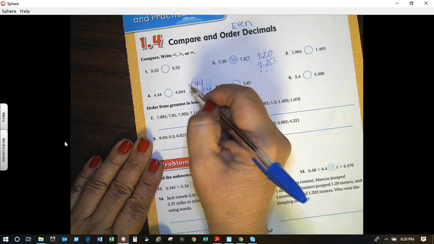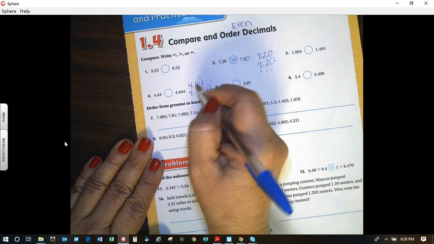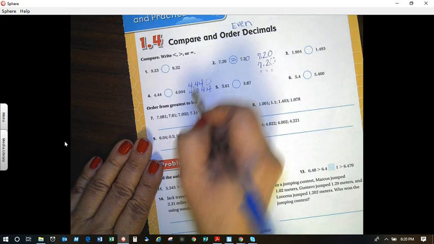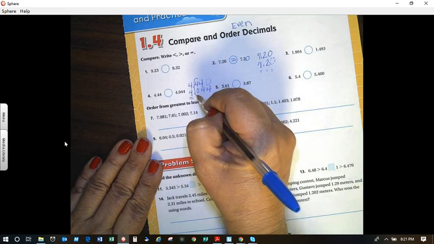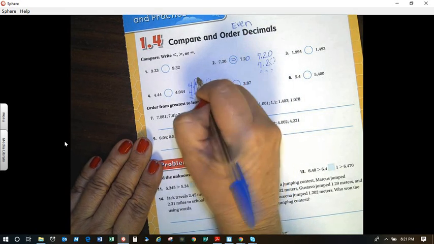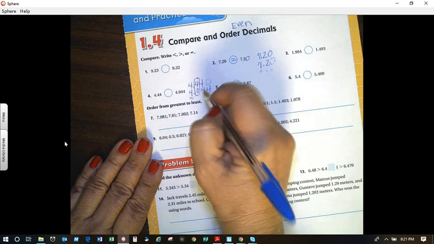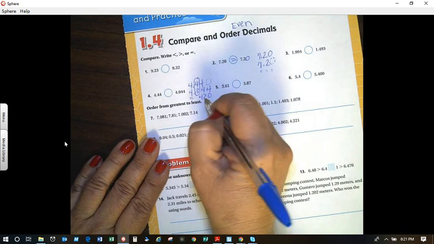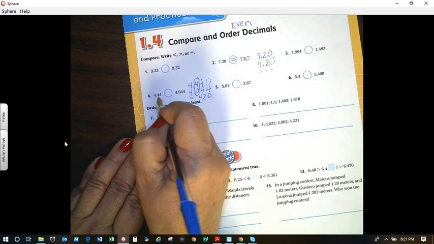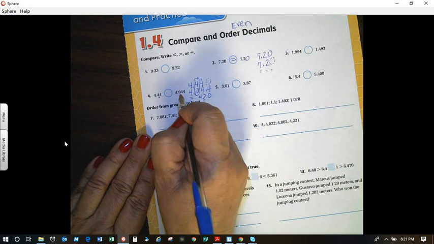Remember, we read left to right, so I'm going to start left to right. These are equal. I'm going to circle the ones that have inequality so that they're not equal. Then I'm going to write it out, and I'm going to put 4 is greater than 0. And so this tells me my symbol. I look over here, my 4 and my 0, and put my greater than sign.